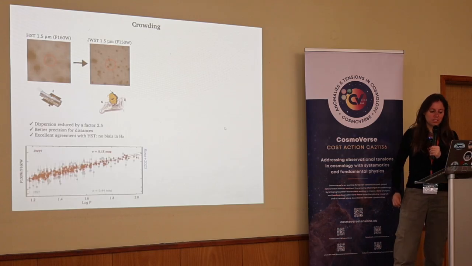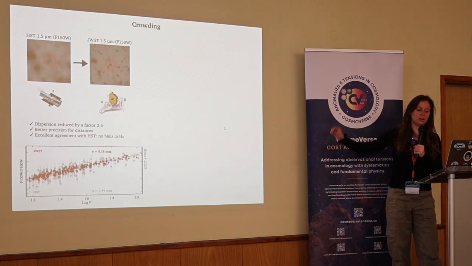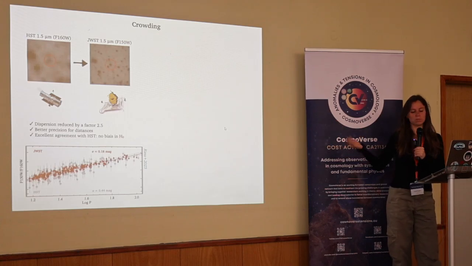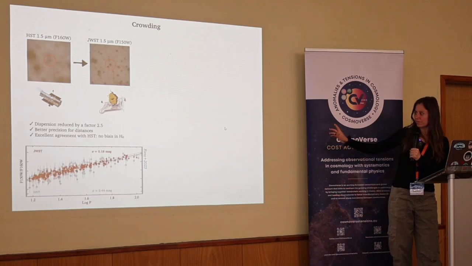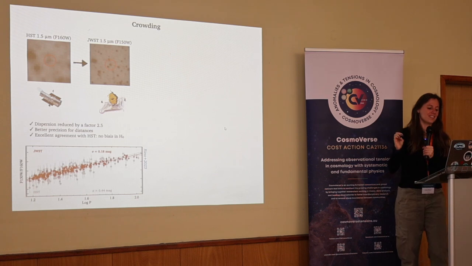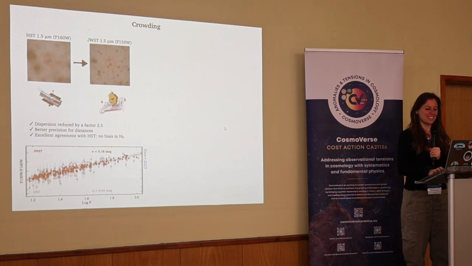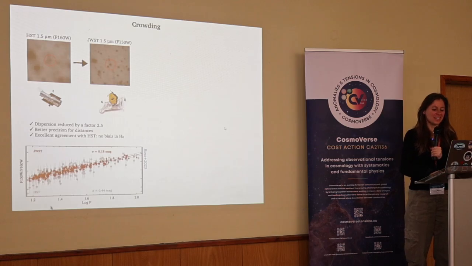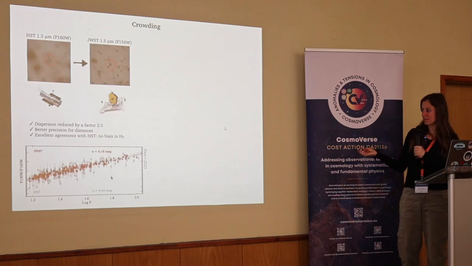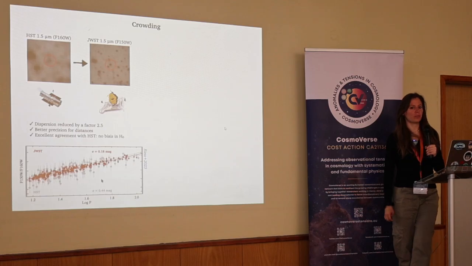This is a period luminosity relation in one of these galaxies with, in gray, the Hubble Space Telescope measurements, and in red, I hope the quality of the screen is good enough for you to see, because this is really an outstanding result that we have obtained recently. In red, this is from James Webb, and the dispersion of the period luminosity relation has been reduced by a factor 2.5.